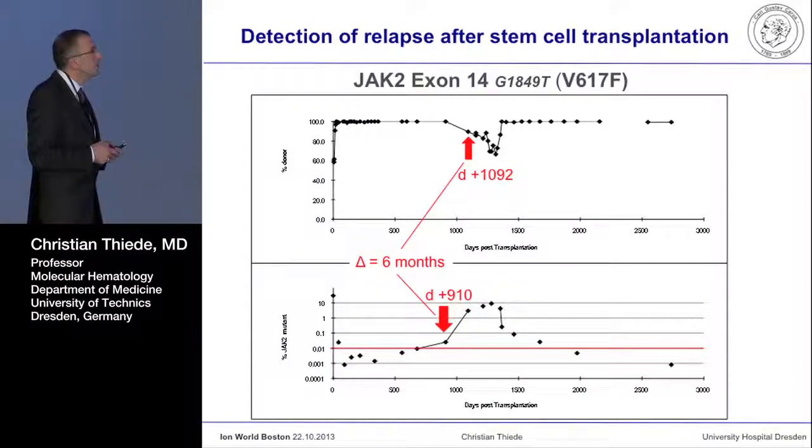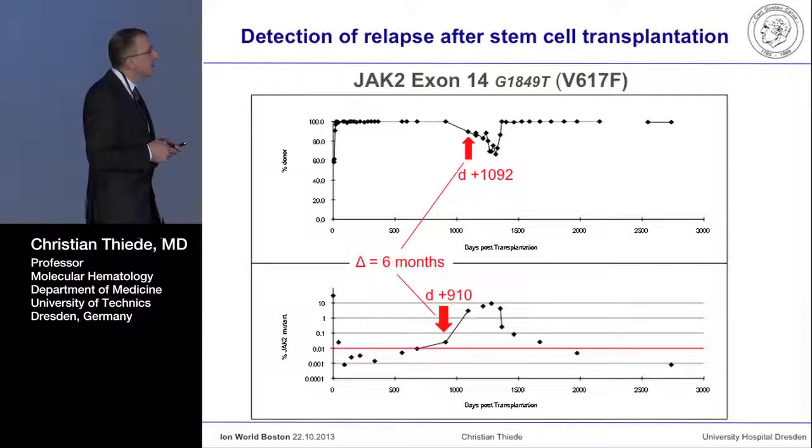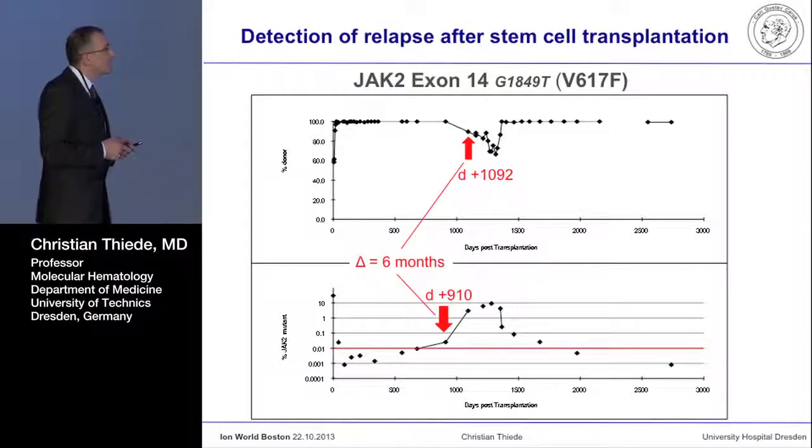We went on to, this is a patient after transplantation carrying a JAK2 mutation in exon 14. And this patient actually was diagnosed with reoccurring recipient cells indicating a relapse of his disease at about 1,000 days after allogeneic transplantation. And we tested the JAK2 mutation in this sample.